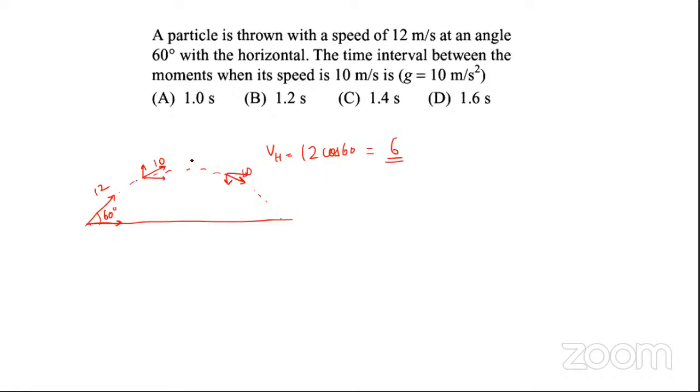Now we have the resultant as 10, so we can find out V vertical as well. That will be 10 square minus 6 square, that will give us 8.